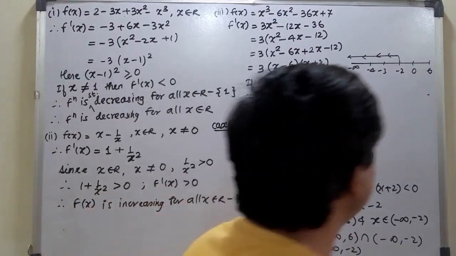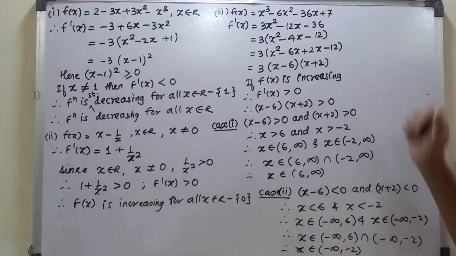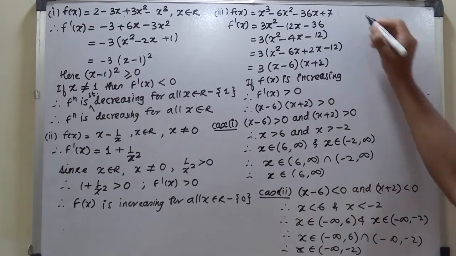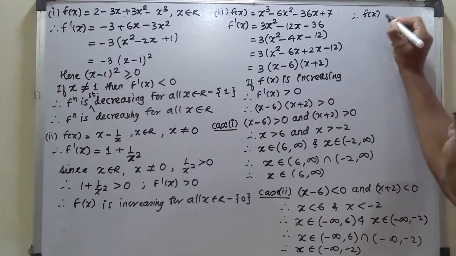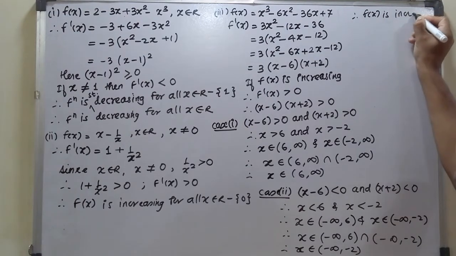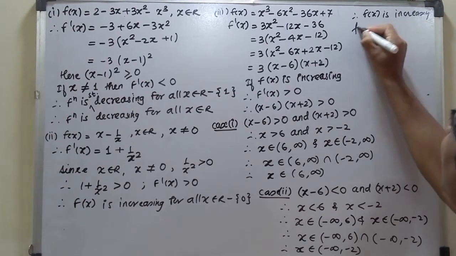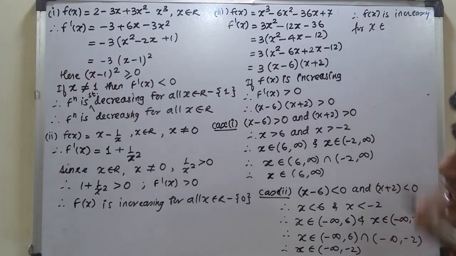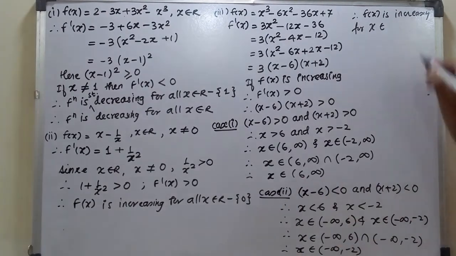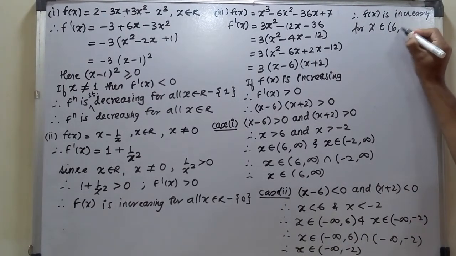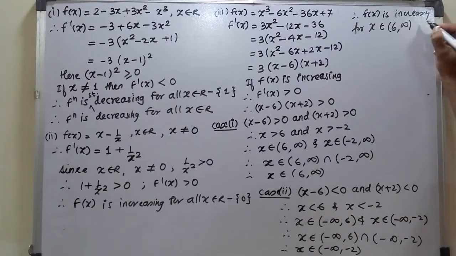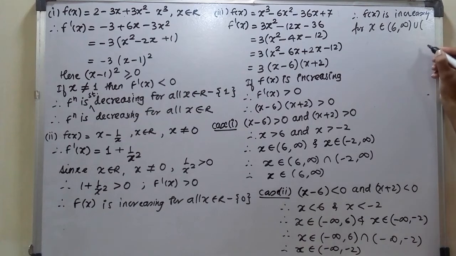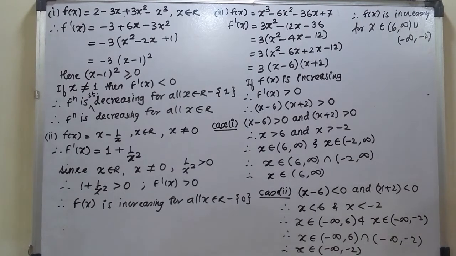So I can say here that this particular function, that is function of x, is increasing for x belonging to either this interval, that is 6 and infinity, or means union, right here, minus infinity to minus 2.